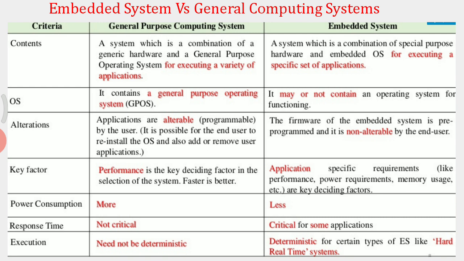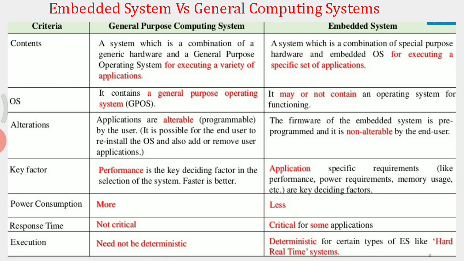The fourth criteria is key factors. In a general computing system, performance is the main key deciding factor in the selection of the system. So based upon performance, the general computing system is selected, and the faster the better.